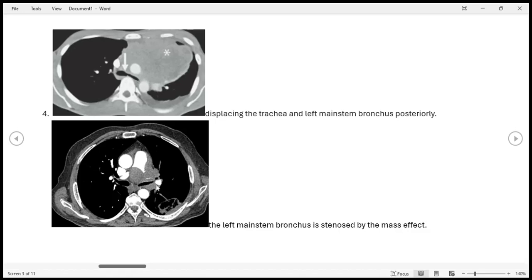Here is also another example of the mass effect of the lymphoma with the compression and stenosis of the left main stem bronchus.